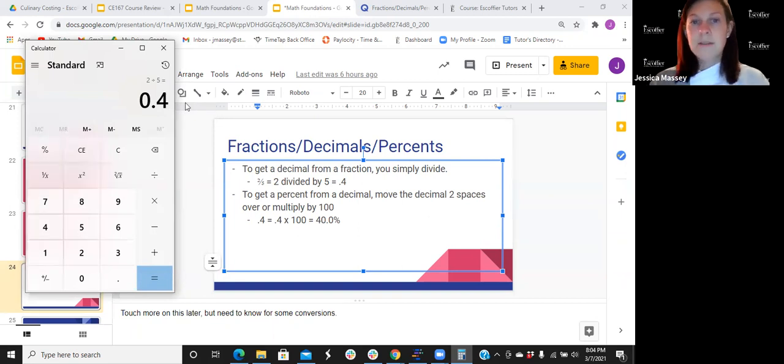So it'd be 40%. Or you can multiply by 100. I personally like the multiply by 100 one, only because you're already putting it in your calculator. You already have that decimal, and then it just gives you the number you're looking for. And if you have numerous numbers after that decimal, it's easier, at least to me. But they're the exact same.